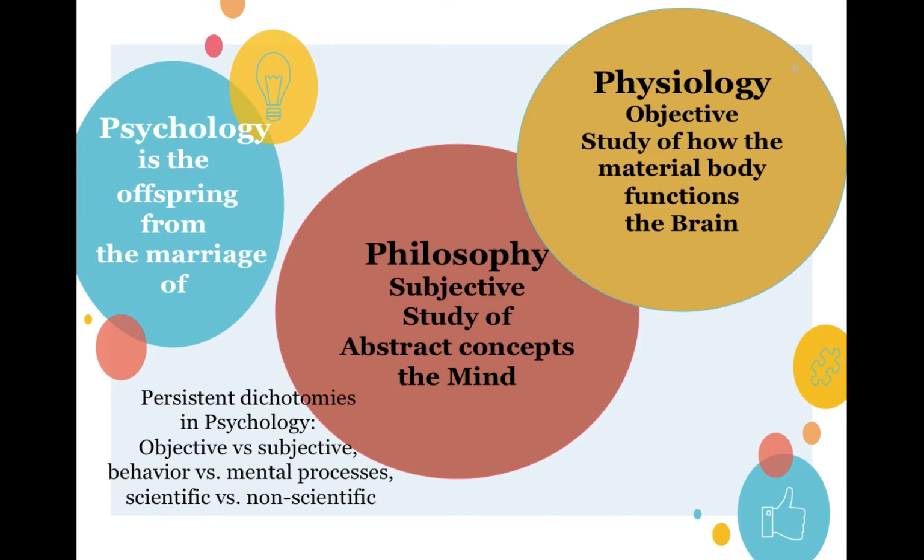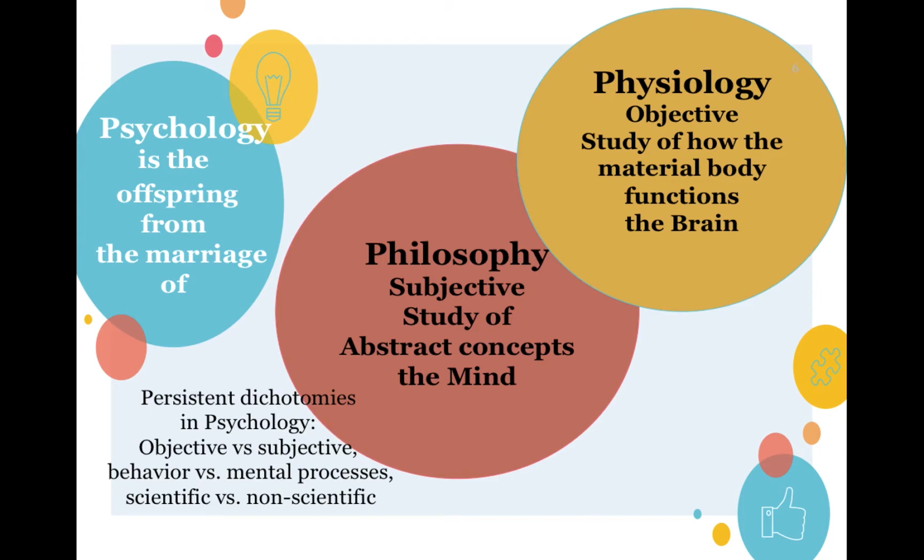So there are some persistent dichotomies in psychology that we'll talk about over and over, and that's this distinction between objective and subjective phenomenon. Objective phenomenon are like objects, subjective phenomenon are things that are only knowable in the mind of the subject.